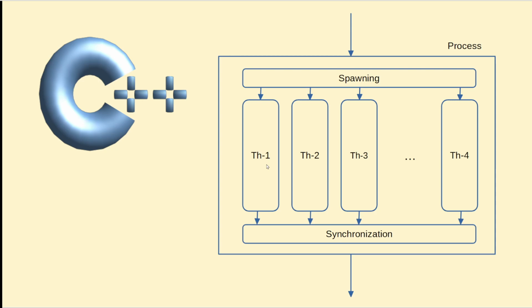And if, for example, thread 1 is being executed, using one core of one CPU, and you want this execution to be switched to a different core, then in that case the entire context has to be copied and transferred to the different core.